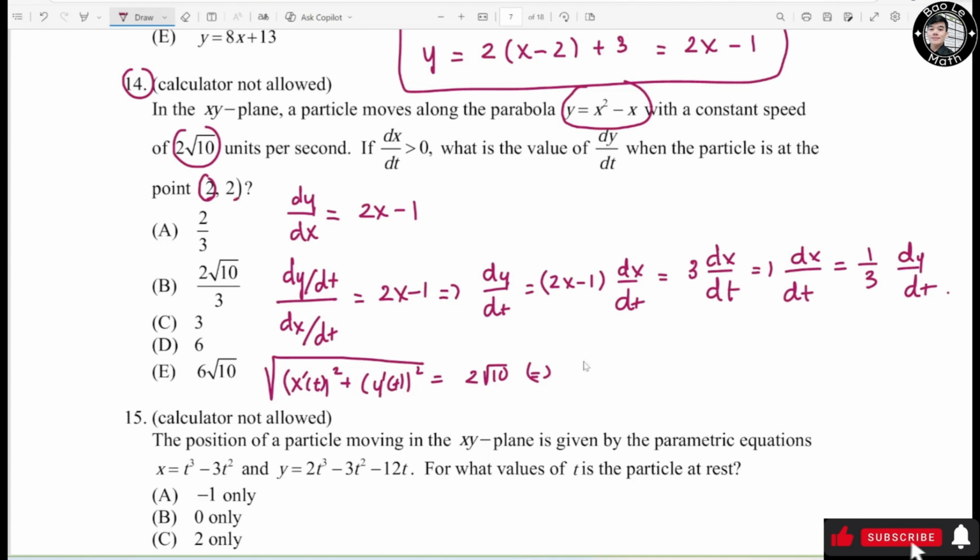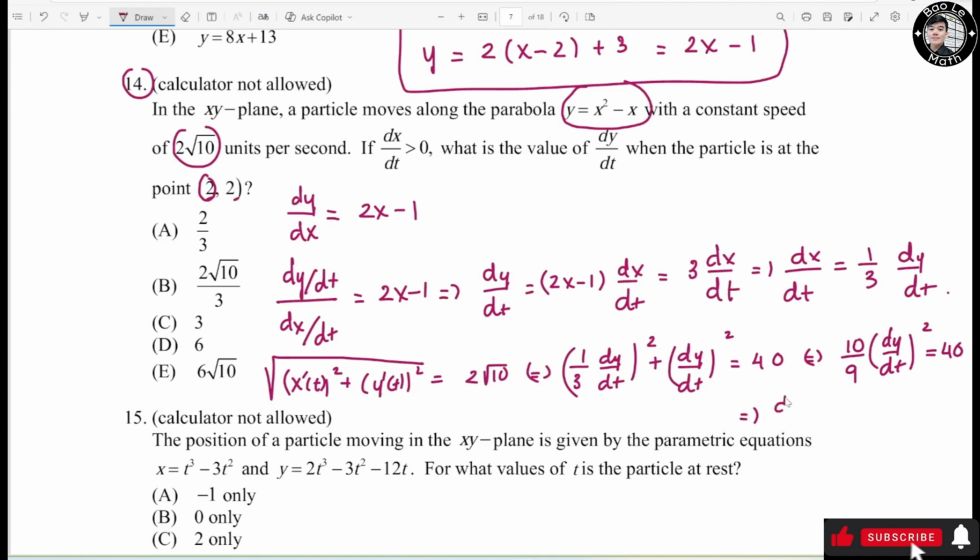So it's going to be 10 over 9 times dy over dt altogether squared equals 40, right? So then dy over dt equals 6. The answer must be D.